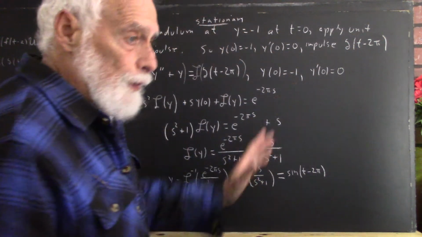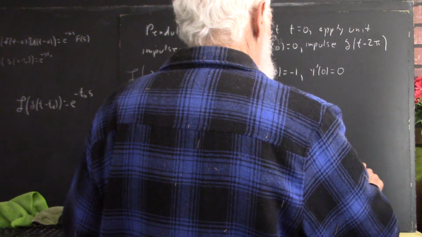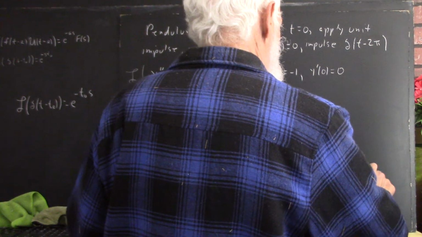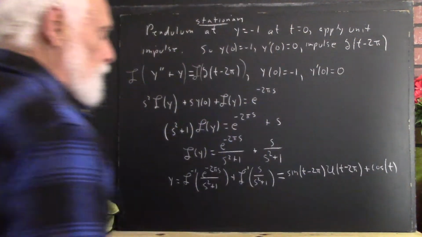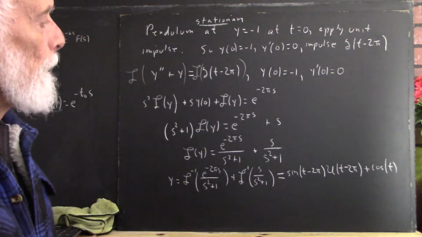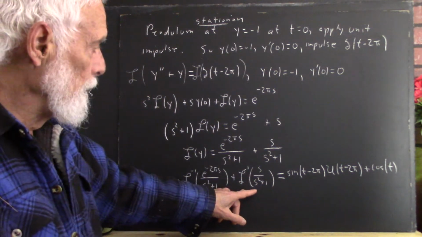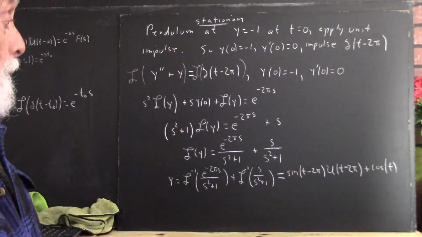That's the sine shifted 2 units to the right times u of t minus 2 pi, plus the cosine of t. That should be a familiar transform by now. Okay? So there's our solution.